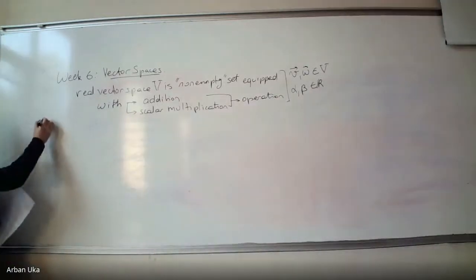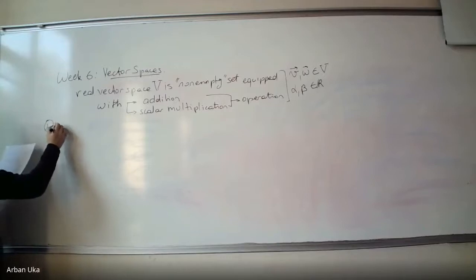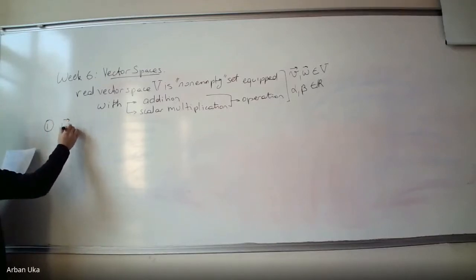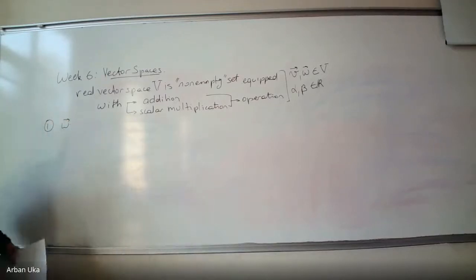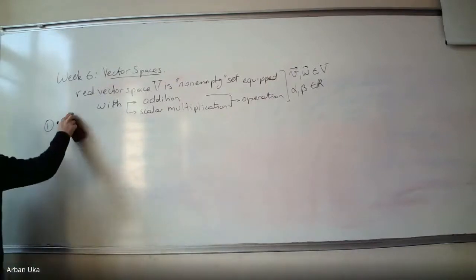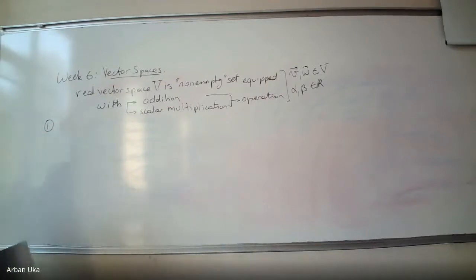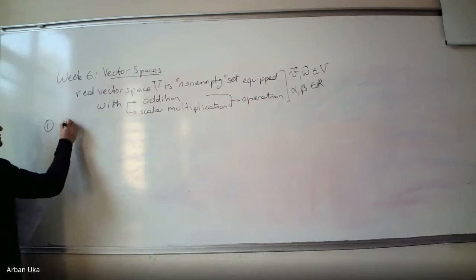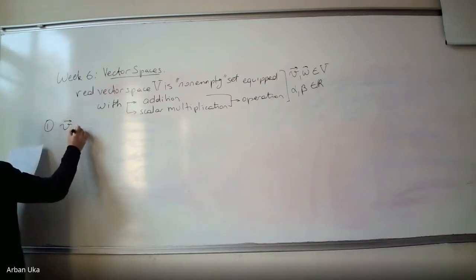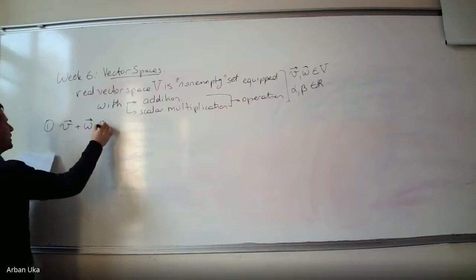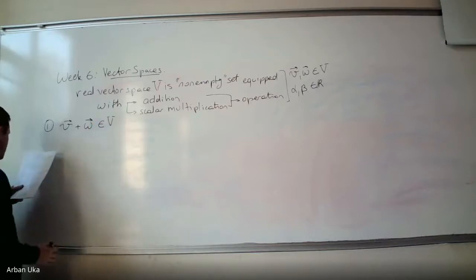To be a vector space, the first property is the following. For V and W, which are elements of the vector space, V plus W should also be in the vector space.